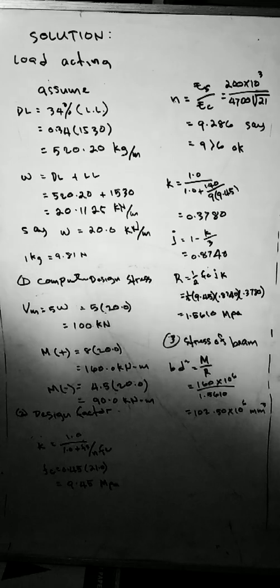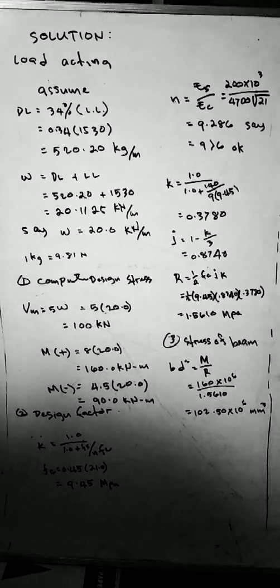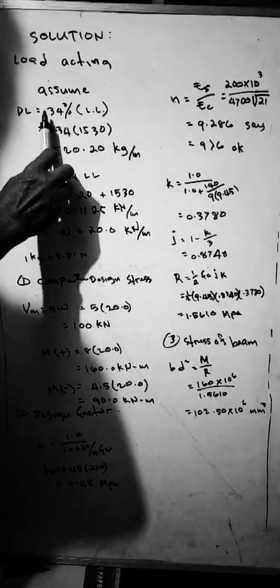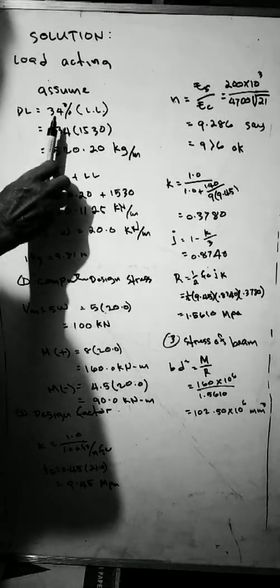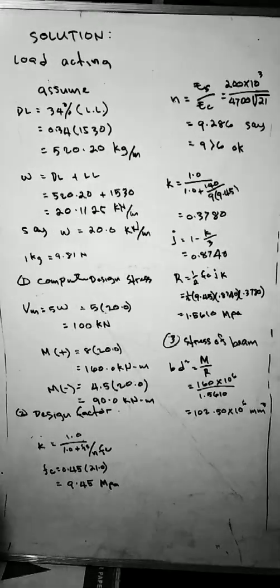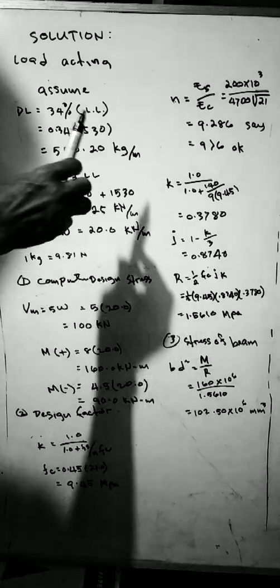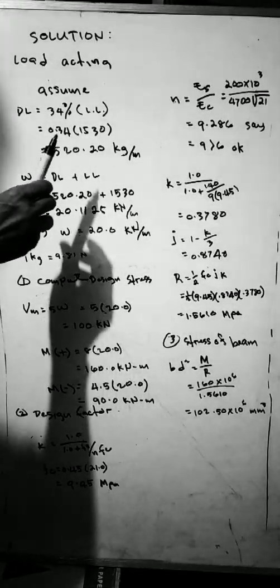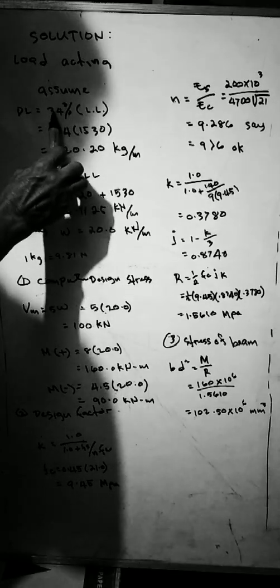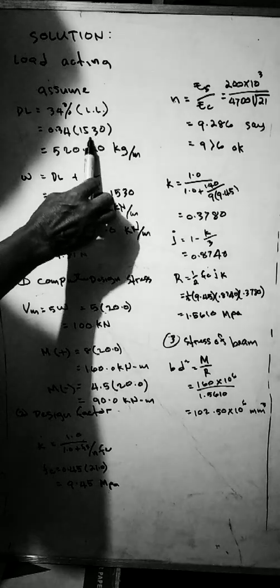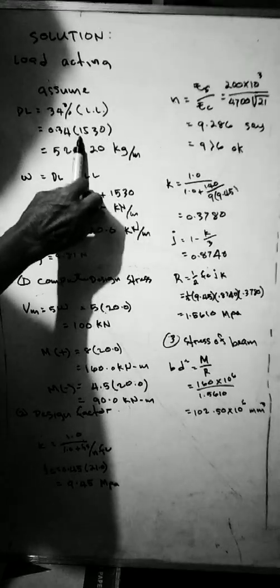The weight of the beam is not included. So we assume the dead load is 34% of the live load. The live load here is this one. Then 34% is 0.34 times the live load.